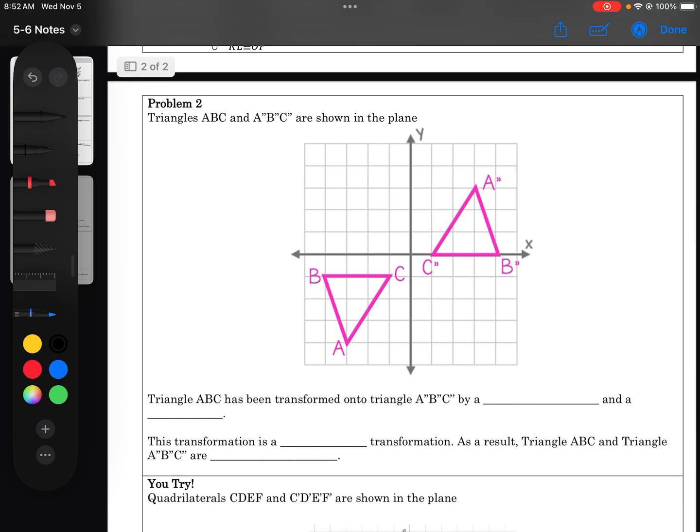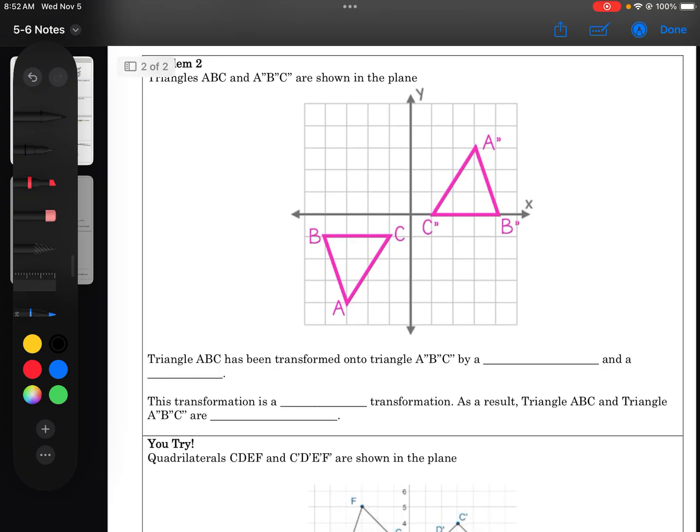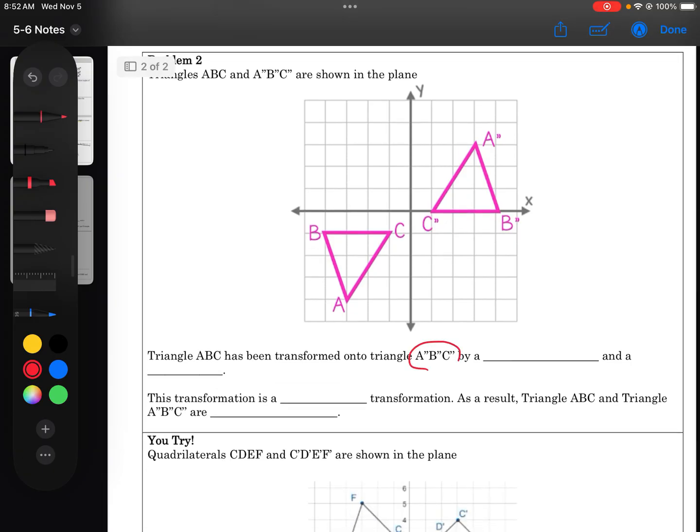Onto the back side here, we've got triangles ABC and A double prime, B double prime, C double prime, shown in the plane. Triangle ABC has been transformed onto triangle A double prime, B double prime, C double prime by a rotation initially. And the rotation, if you think about it, would have the triangle right here where I'm drawing this red line. So from that red line, it also has to slide down, so it's a translation.